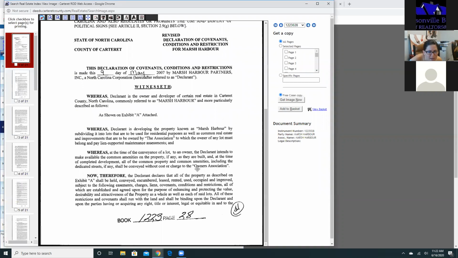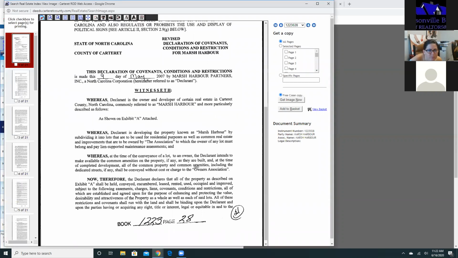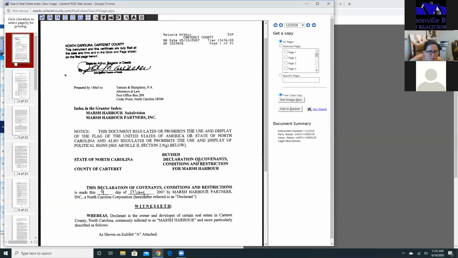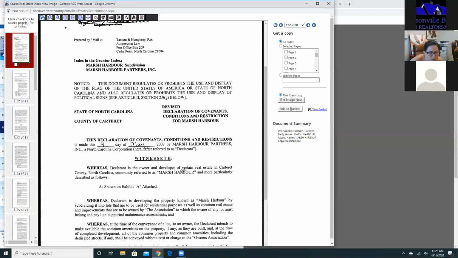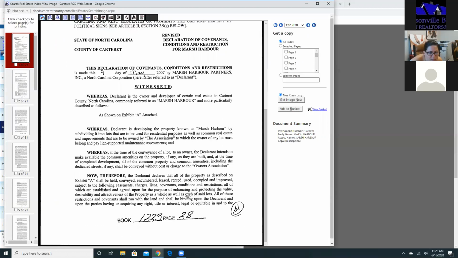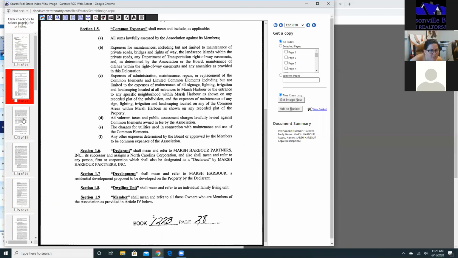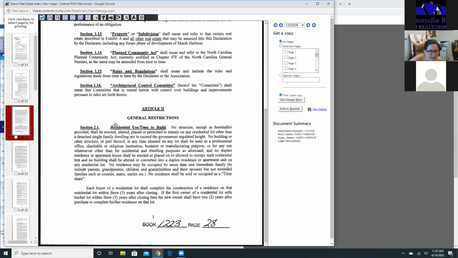So you should have a book and page number, but maybe not. Again, we've got Flagstaff up here. It's not giving me the last book and page number, but if you looked through this, you'd probably be able to find what it's attaching to.